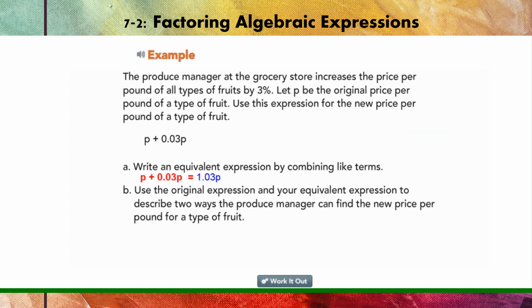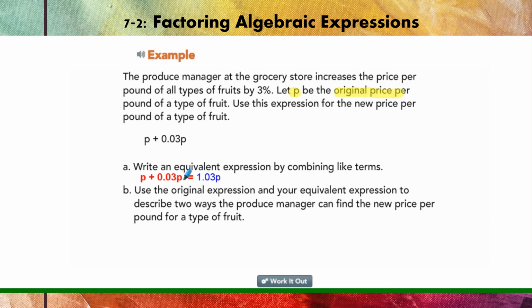All right, now with B, it says use the original expression and your equivalent expression to describe two ways the produce manager can find the new price per pound for a type of fruit. So if we look at our original expression, it is P plus 3/100 P. So the P in this case, if we look at the problem, it represents the original price of the fruit.